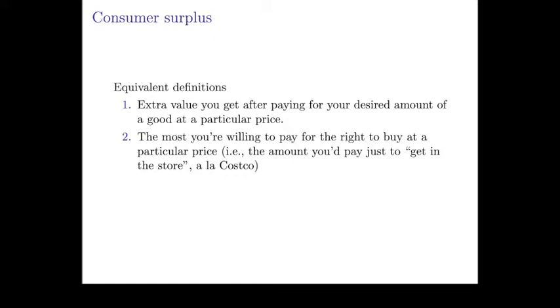If I told you, I'll sell you the right to buy pizzas at $3, how much are you willing to pay for this membership? I'll sell you a membership to my club, which sells pizzas at $3. How much would you pay for that? Well, if your demand curve were the one we looked at, you'd be willing to pay $3 for it. So you could think of the consumer surplus as your willingness to pay for the right to transact at the given price.